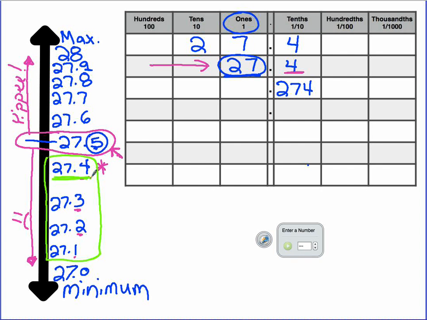So you're going to click in the minimum number that will get that 27 to 28. Okay, the lowest you can go on this scale before you have to stay at 27 is this number right here. 27 and 5/10 is the minimum value that you can go before this number just stays at 27.